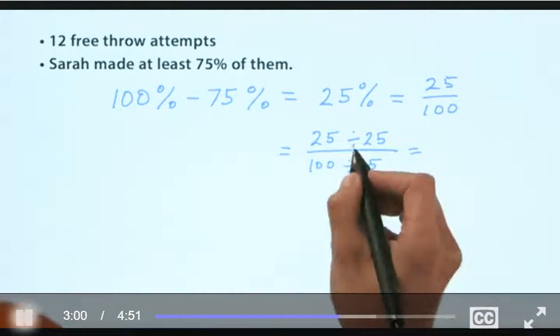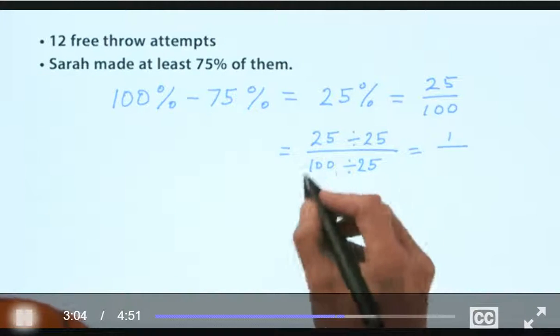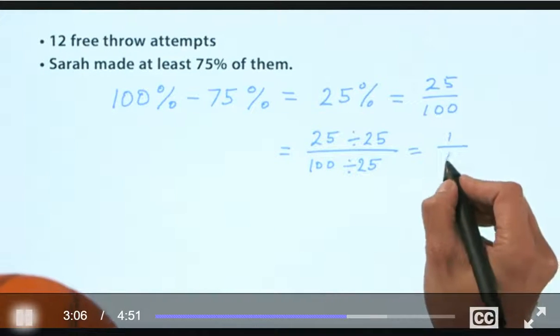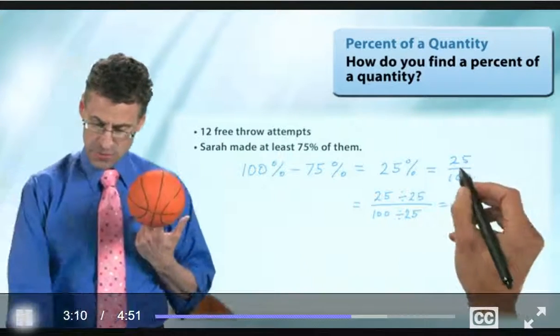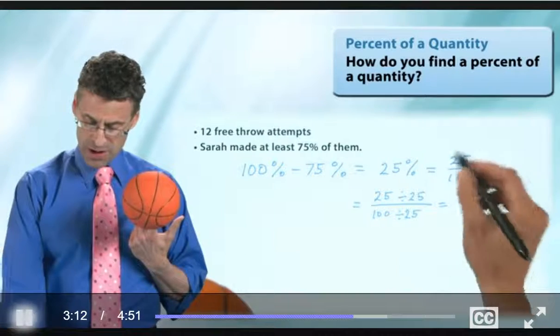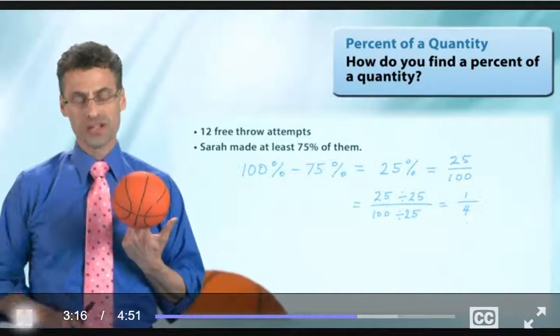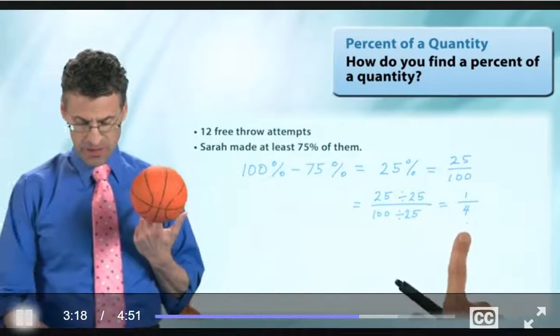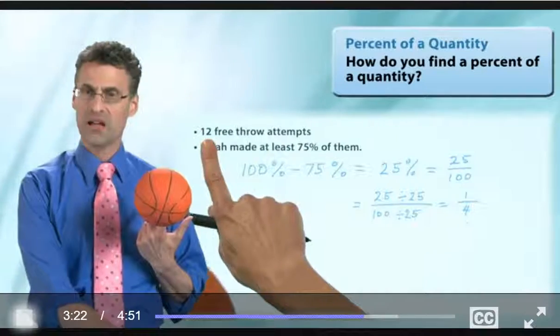Because check it out. 25 divided by 25 is just 1. And 100 divided by 25 is just 4. So actually, 25/100ths is equivalent to 1/4. Well, that's really convenient because now what I want to do is find 1/4 of 12.